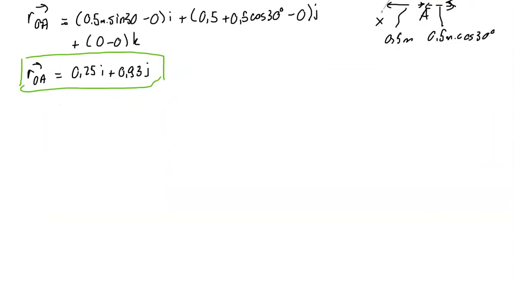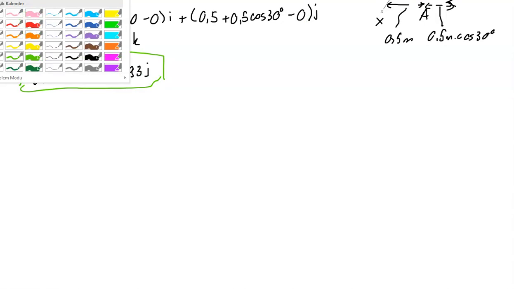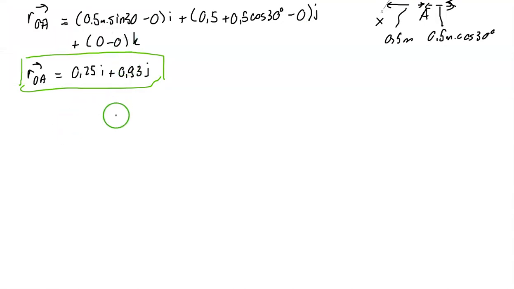Okay, let's go ahead and write the force vector as a Cartesian vector. We can write the force vector by writing a unit vector along the force vector's line of action.